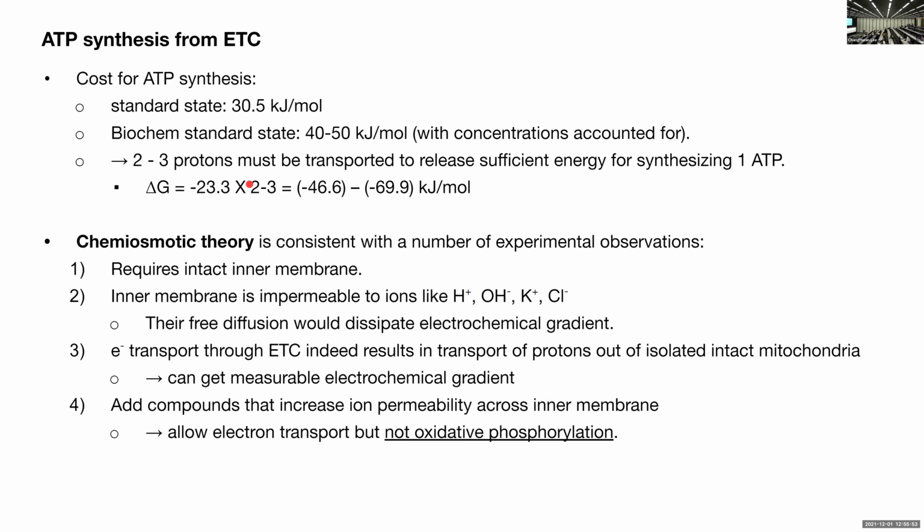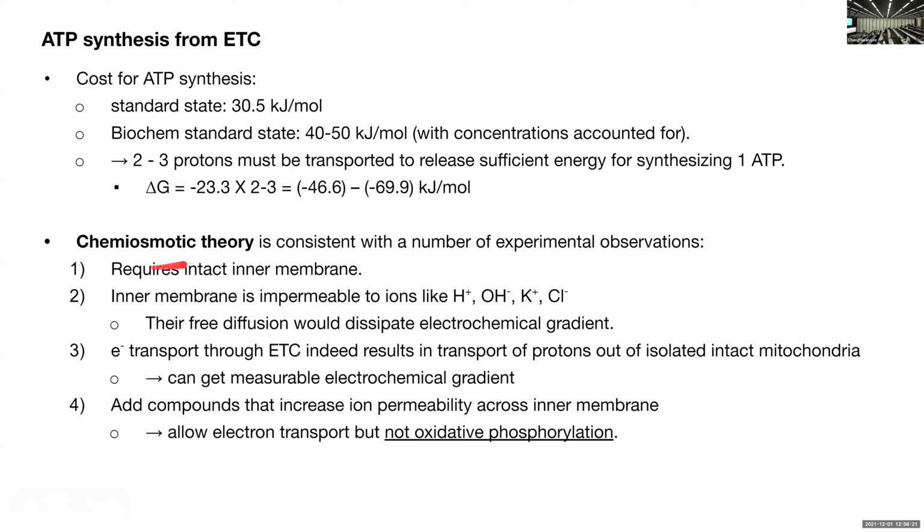And if you make it 2 or 3 times, that's going to get around 46.6 to 69.9 or so, which will cover this ATP synthesis cost at the biochemical standard state. And this chemiosmotic theory explains all these phenomena pretty well, and that matches well with the empirically measured values for delta G, delta E naught, and so on.